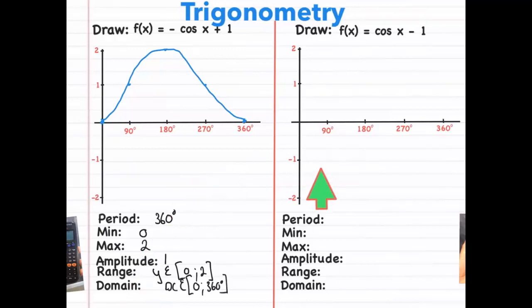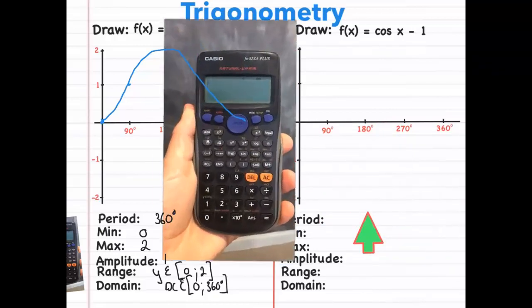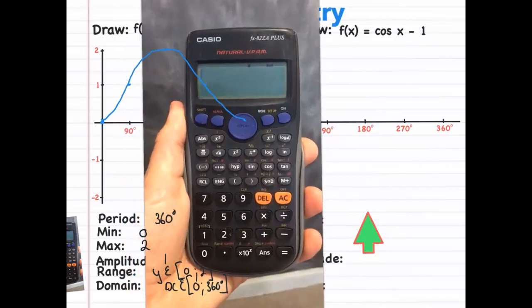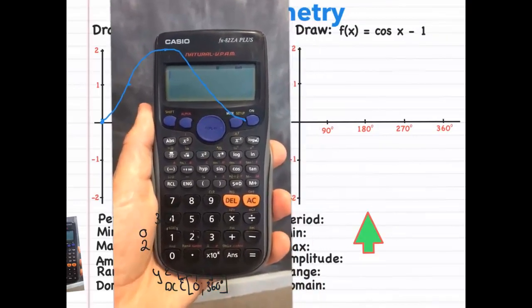Okay, brilliant. So now let's go and see what we will do to draw the following function. And we do all of these functions similar, so you can practice them as well with your calculator. So the first thing I do is I take my calculator, I will open it up like this, and then let's see what the values are.